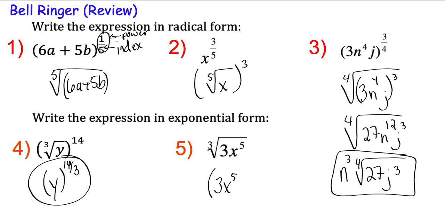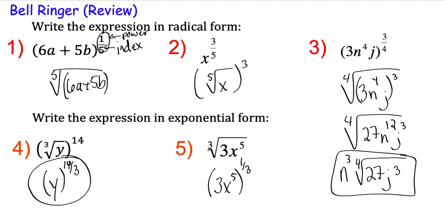Okay, and this will be raised to the 1/3 power, because power is the 1, index is the 3, and we could distribute this exponent if we wanted to, but I think it looks a little bit uglier if we do that. So it'd be 3 to the 1/3, x to the 5/3. I think that is way messier than this, so I prefer this.